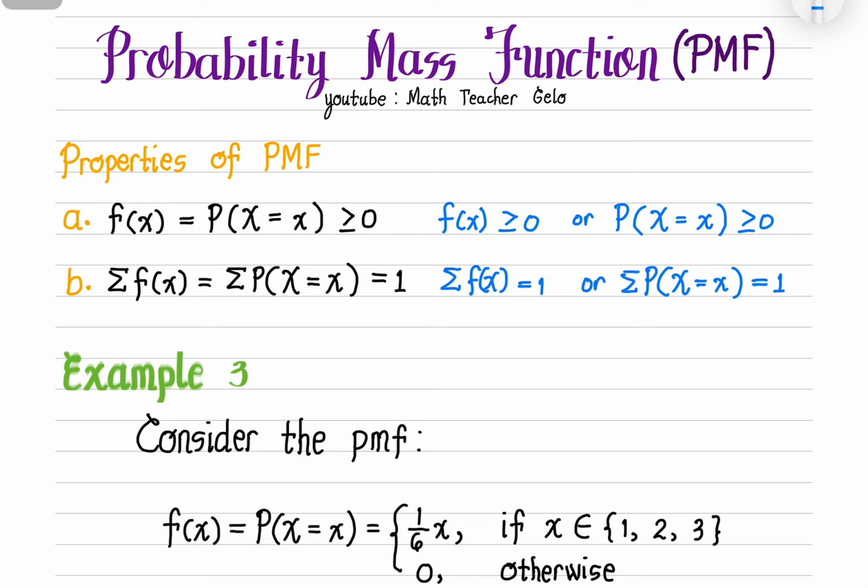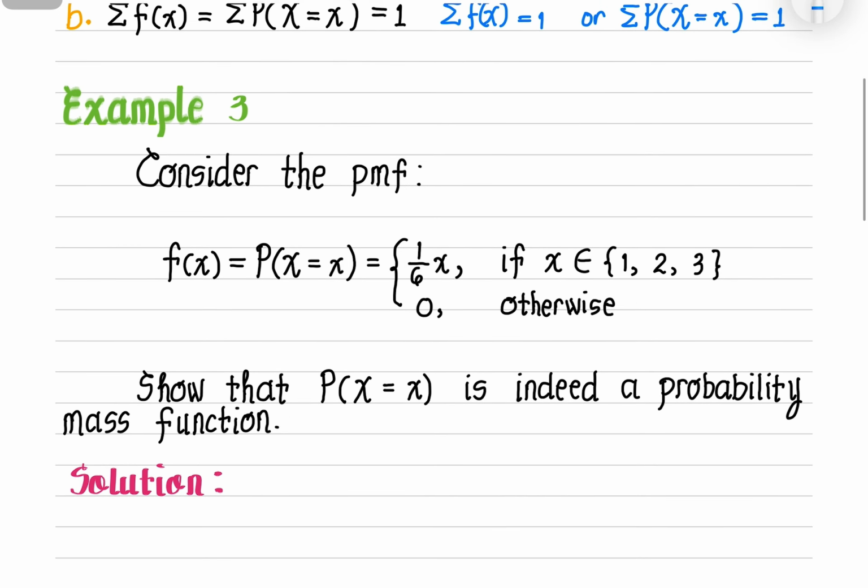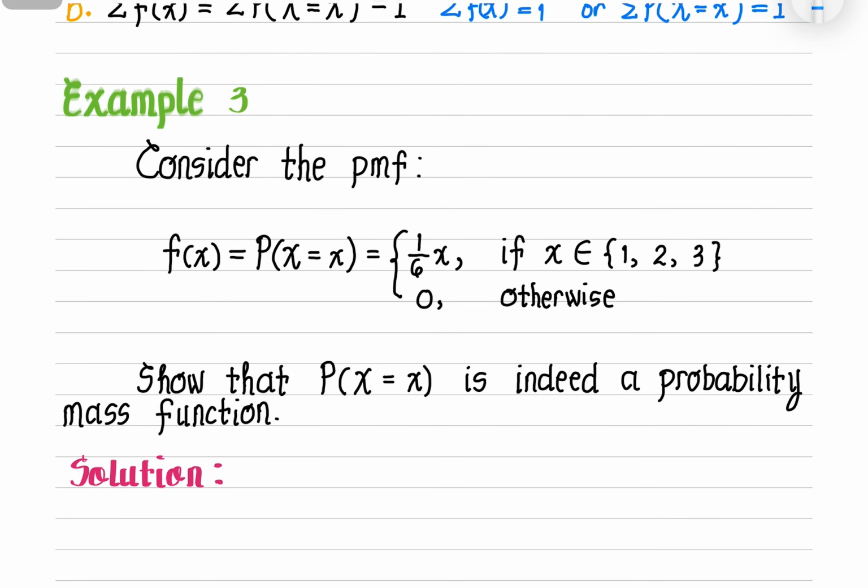Okay, so, let's answer the third example. Consider the PMF or the probability mass function. So, given yung f of x is equal to p of x is equal to x, and then, our formula here is 1 over 6 times x, if x is an element of 1, 2, and 3, 0 otherwise.